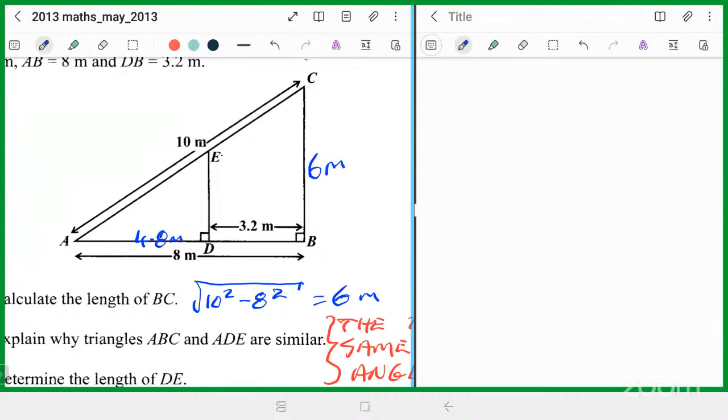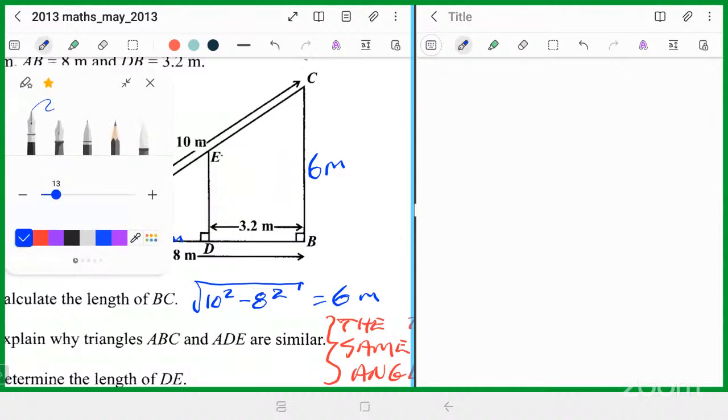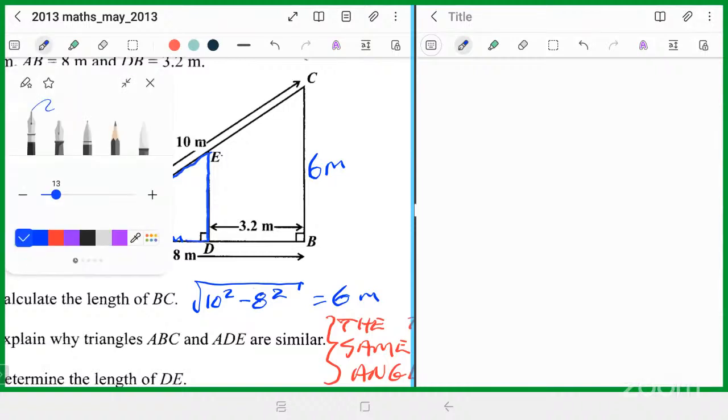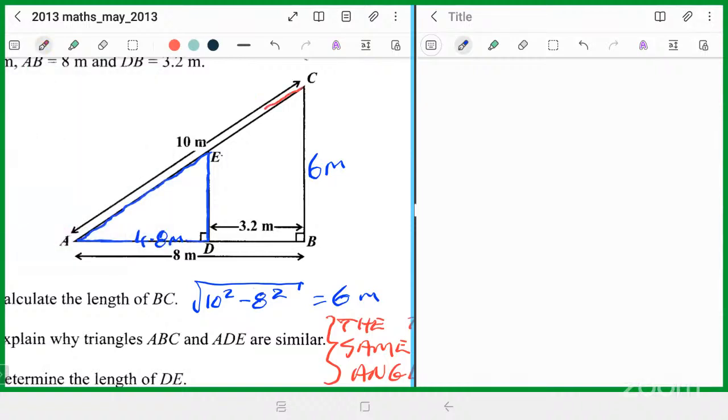All right, let me show you what we can do. On the small triangle, I'm going to draw out in blue. We have this larger triangle, so I'm going to draw out in red. The ratio of corresponding sides are equal.